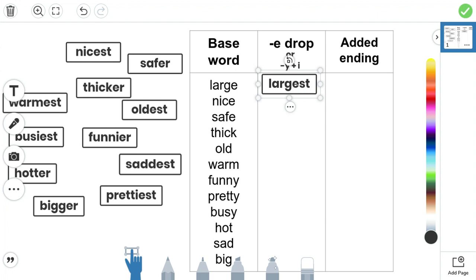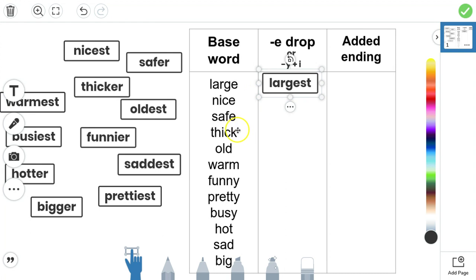So your job is going to be to look at that base word, decide, did you have to drop an E or drop a Y, or were you just able to add your ending? And the reason that these ones are a little bit smaller and these are a little bigger, they're not all going to be in the same column. Largest is not going to be in this column.